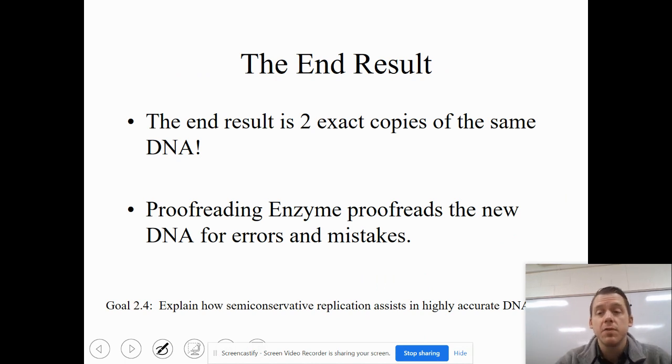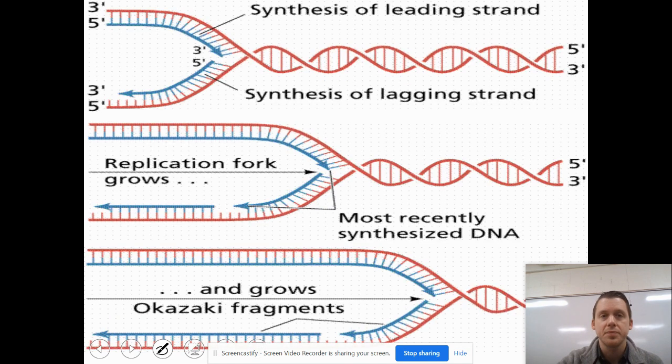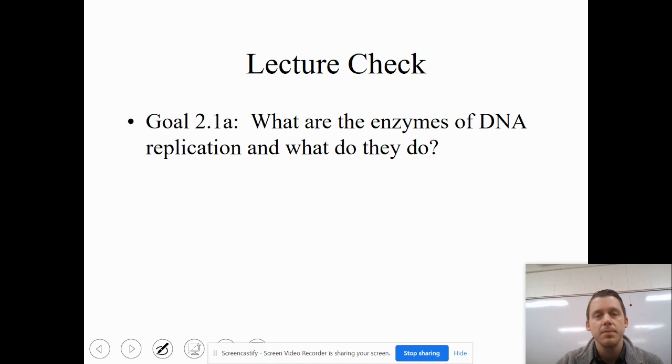And when semi-conservative replication is over, we have two exact copies of the same DNA. And proofreading enzymes are going to proofread the DNA to check for mistakes. If there are any mistakes, the proofreading enzymes will usually repair them so that the DNA is identical to the DNA at the start. All right, and that is the end of DNA replication.